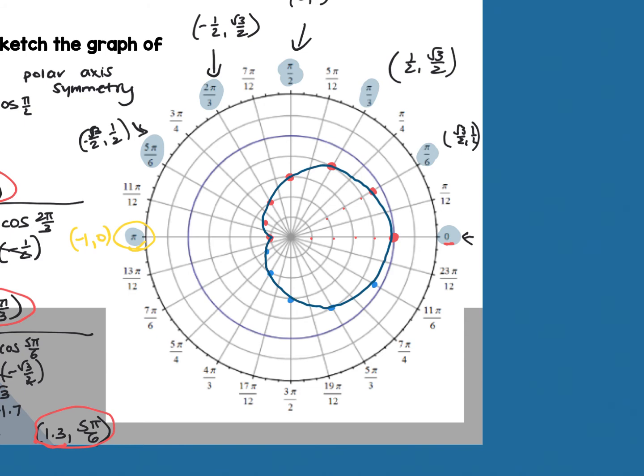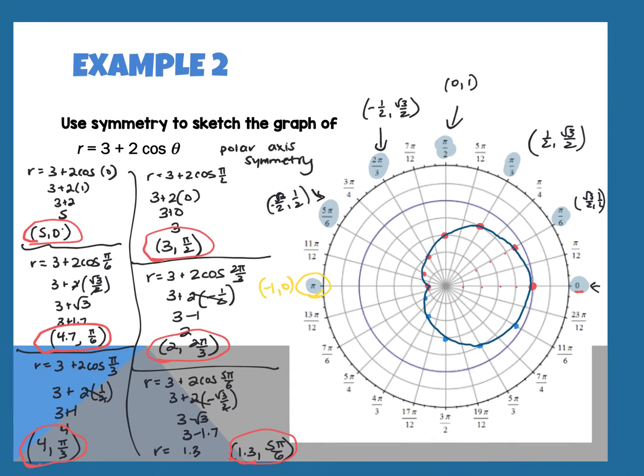So we're going to learn this has a name, and we're going to learn some classifications of it. But for right now, if you knew nothing else, we know it has the polar axis symmetry, which means we're going to duplicate the points above and below. And then we would just connect them as best as you can.